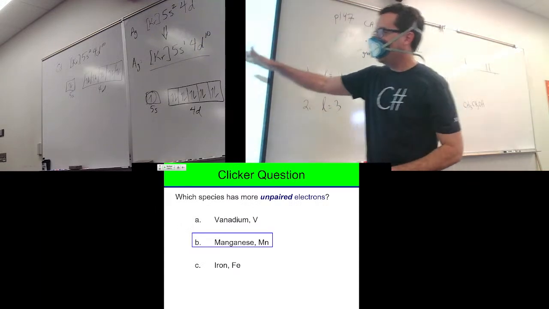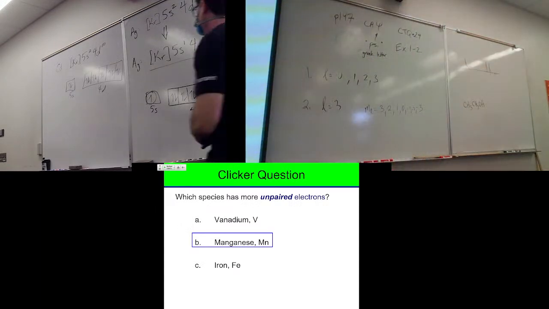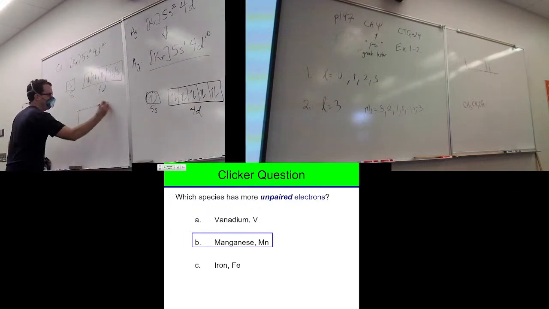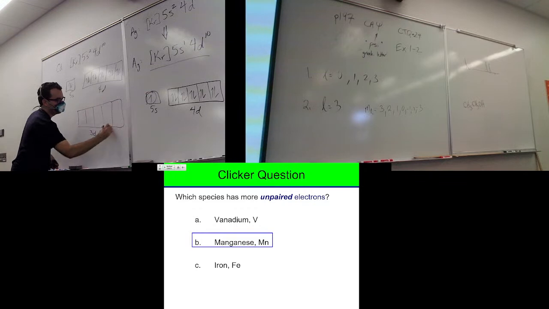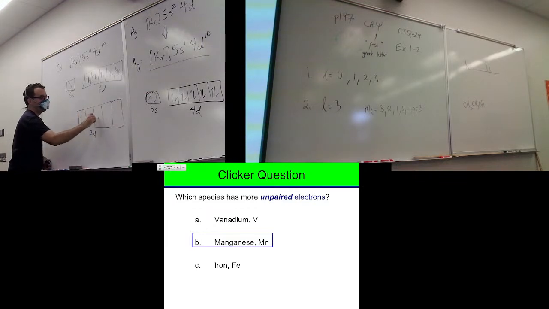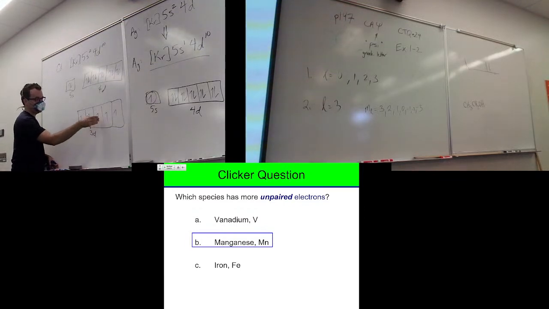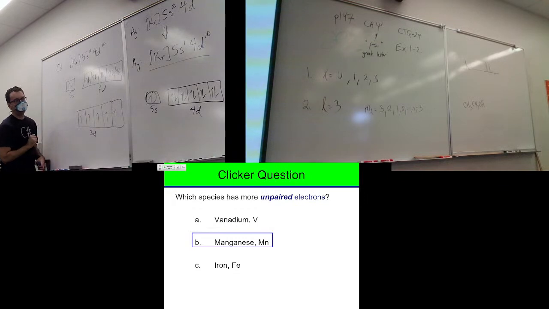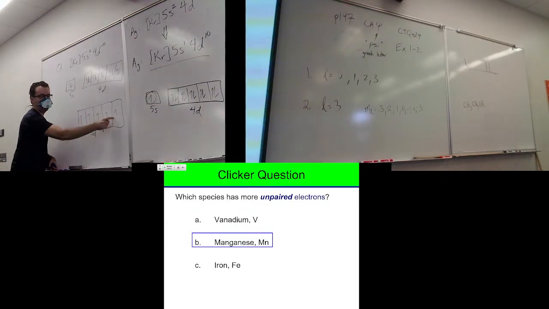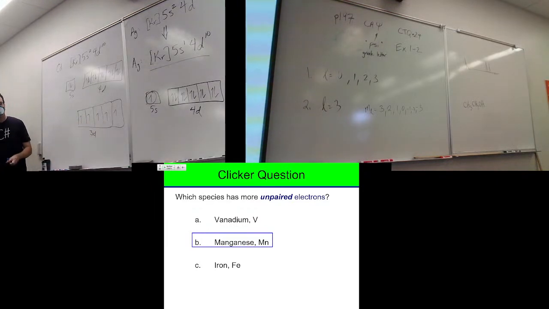For manganese, in your 3d section, 1, 2, 3, 4, 5, you'll have 5 unpaired electrons. For vanadium, you'll only have 3d3, so you'll have 3 unpaired electrons. For iron, you'll put a 6th electron, and it will pair up, so you only have 4 unpaired electrons left. So it is manganese in this case.